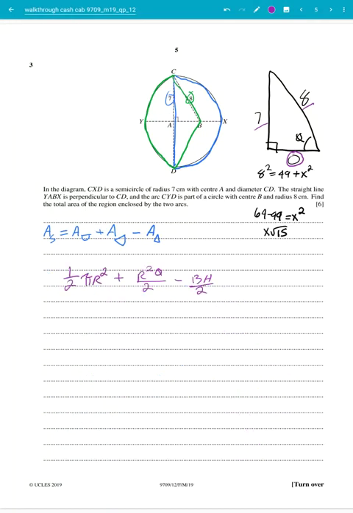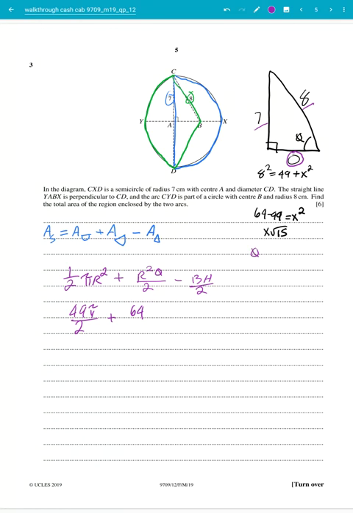Alrighty, so we're going to try to clean this up a little bit. So back to this step. We took our formula, now we plug stuff in. So 1/2, we're going to rewrite that. So this is going to be pi. Our sector is 7, so it's going to be 49 pi over 2. Then we're going to add to that r squared, which is going to be 64 times the angle, which the angle is going to be this.